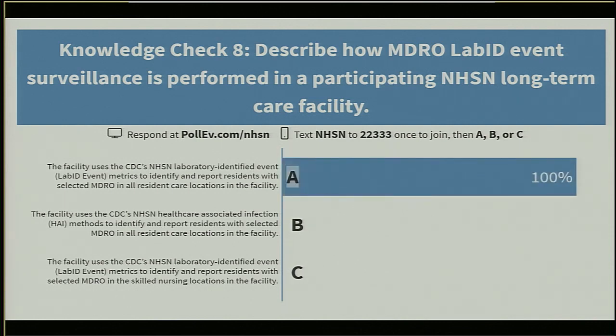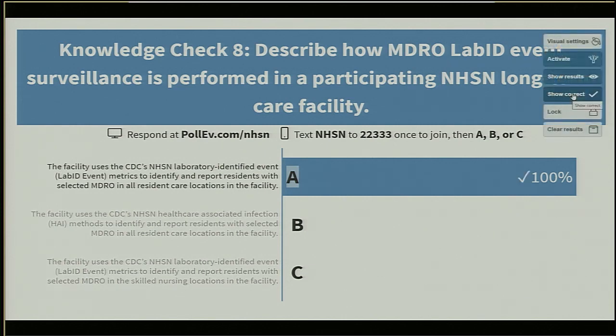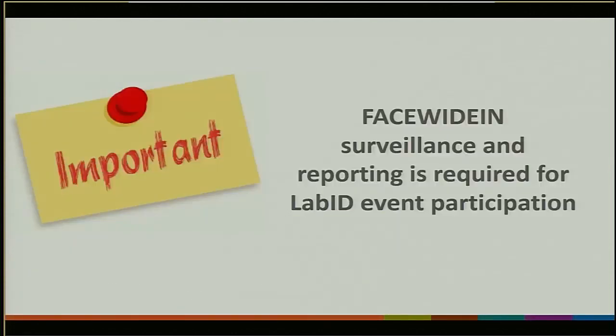C, the facility uses the CDC's NHSN LabID event metrics to identify and report residents with select MDROs in skilled locations only. You guys are good, 100% correct. So again, you're looking at facility-wide for participation. So that's with C. difficile as well as with MDROs.